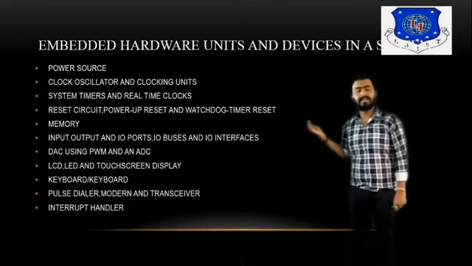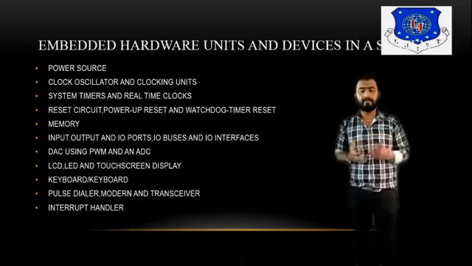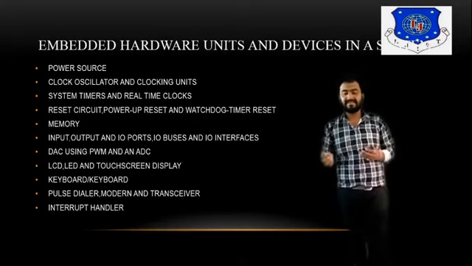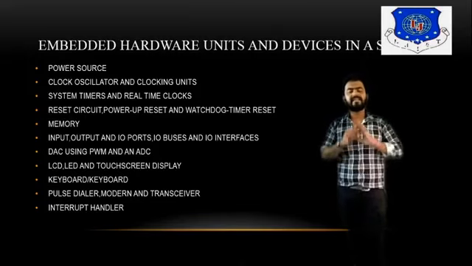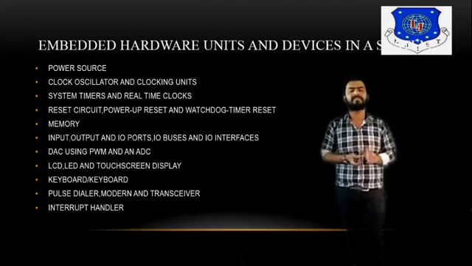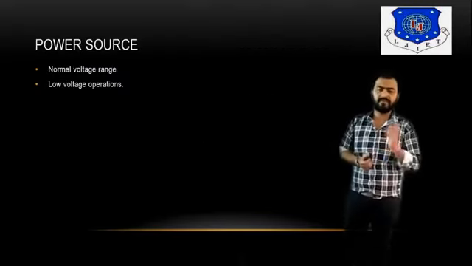Also, we discuss the LCD, LED and touchscreen modules. We also discuss the keyboard interfacing modules, pulses, model transceiver, and the interrupt handlers. So basically, in terms of the embedded hardware unit and its devices in a system, we discuss these types of modules. Now we go ahead and discuss the first portion.